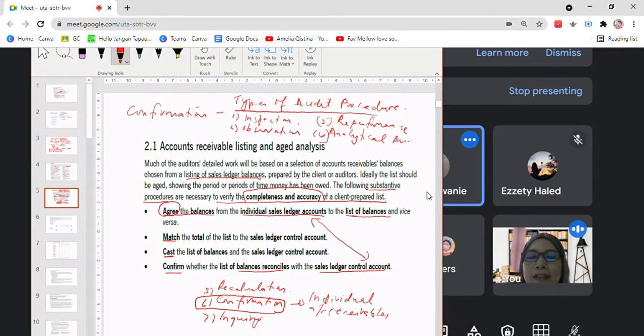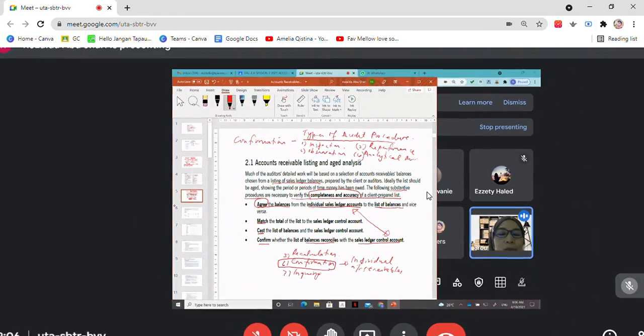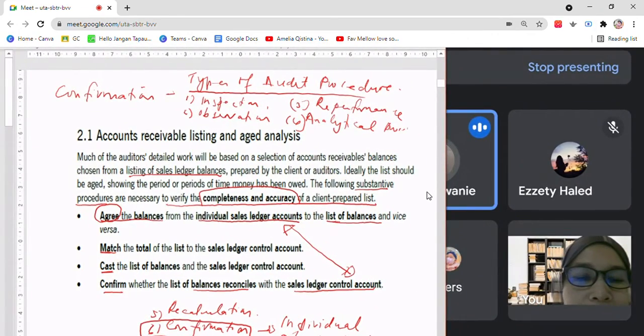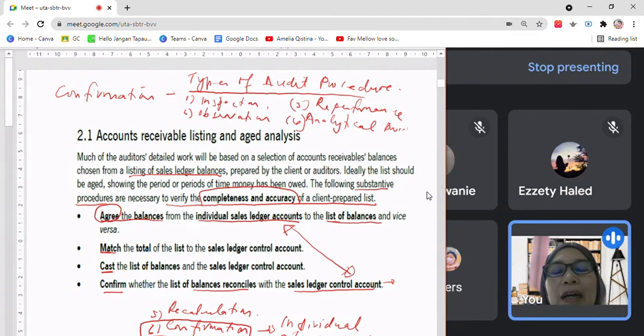Okay, good. Sales ledger control account will appear in what type of ledger? Where does the company record the sales ledger control account?